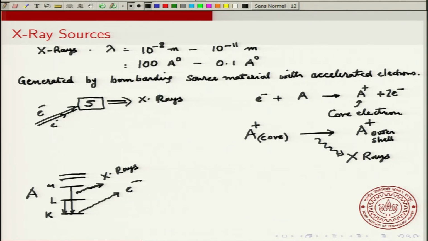Okay. So we can do some fairly simple calculations to find out the wavelength of the X-rays.